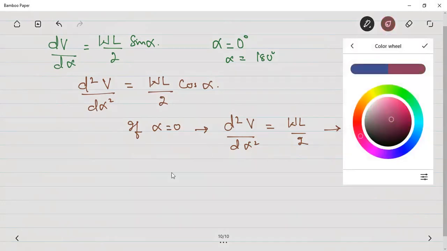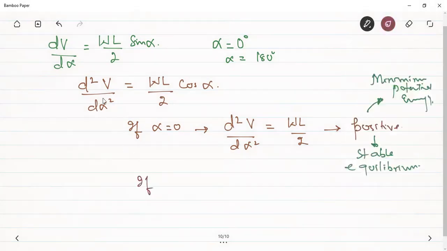And if we put alpha equal to 180 degrees in the second derivative, we will see that d square V by d alpha square will be equal to minus WL by 2, because cos of 180 is minus 1.